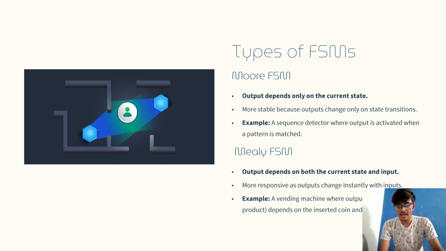A Mealy FSM is more responsive as outputs change instantly with inputs. An example of a Mealy FSM is a vending machine. A vending machine can be modeled as a finite state machine where the output, meaning dispensing an item, depends on both the inserted coin and the current state.